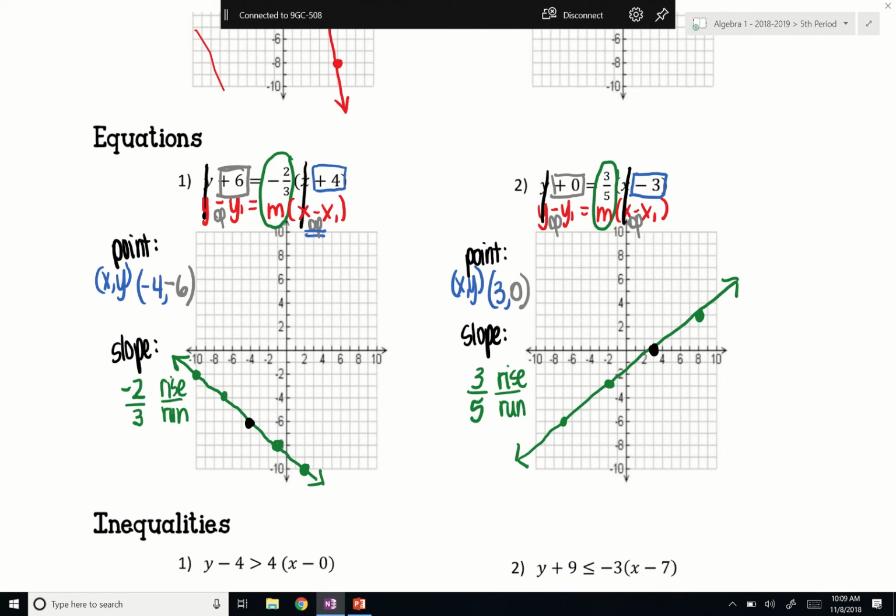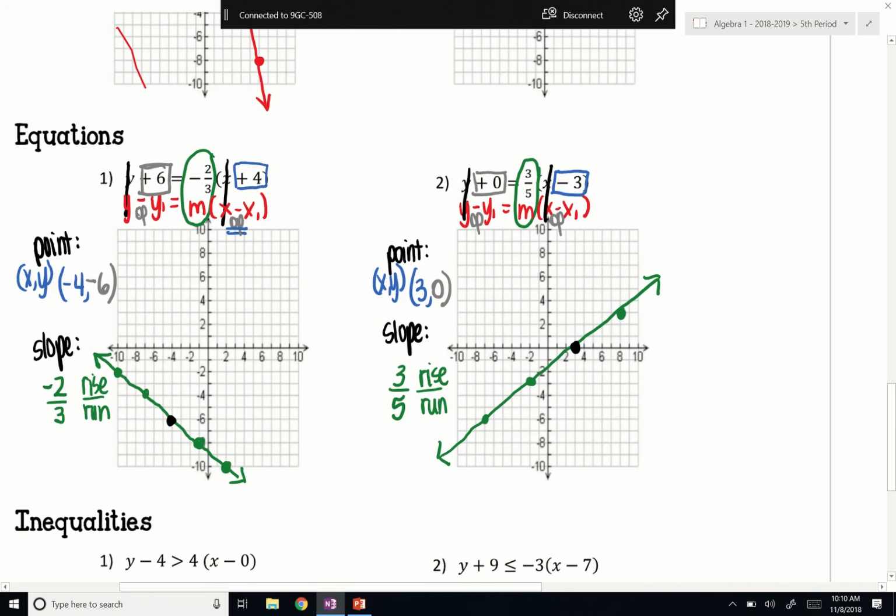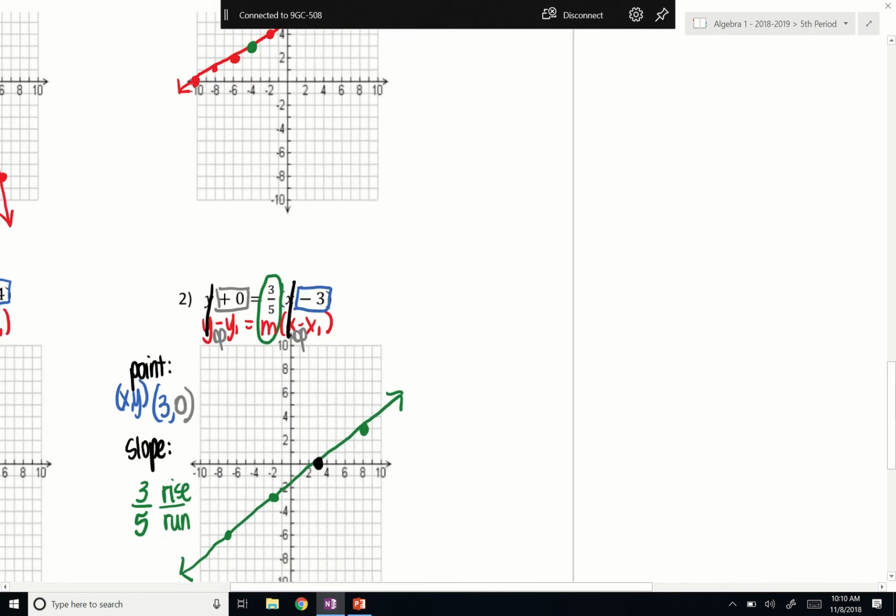Okay, remember, numbers 1 and 2 on your notes are going to help you with 1, 2, and 3 on your homework. Now, I do have a question, though. So I need everybody to just pay attention for a second. We're going to go off the grid.